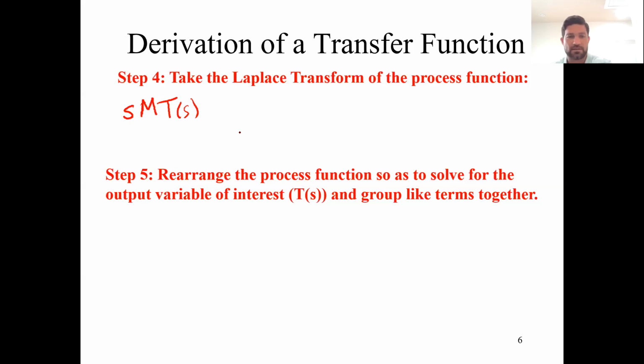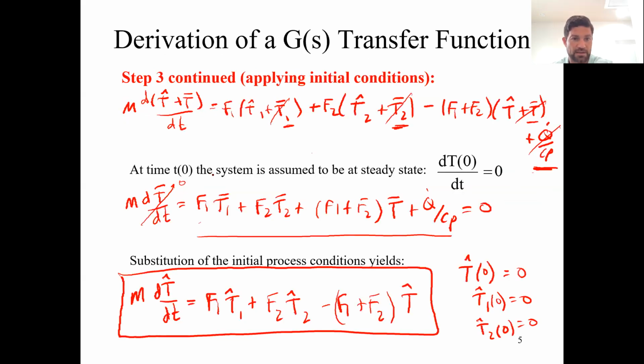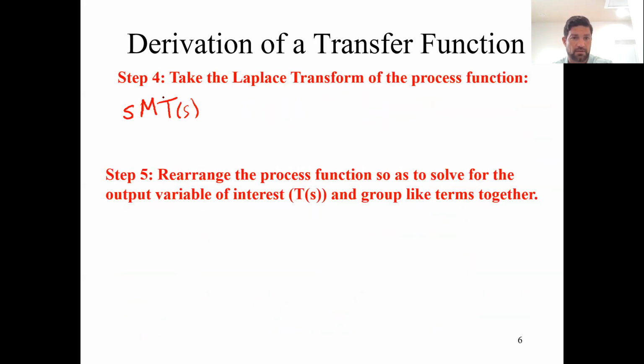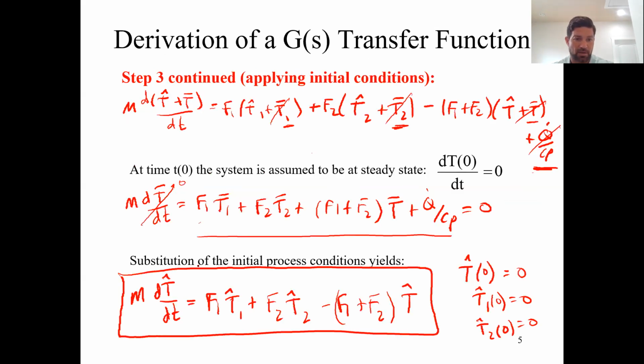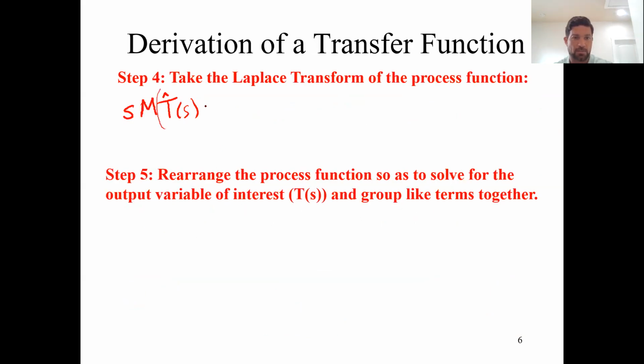We would subtract this right here. The Laplace of this term is minus the initial condition, so it's minus T hat of 0. But again, this term is 0 because all the initial conditions are equal to 0.